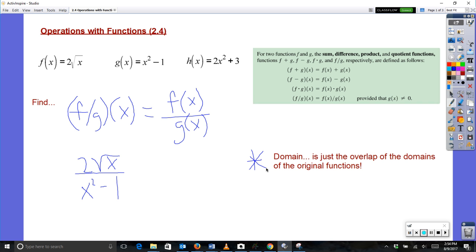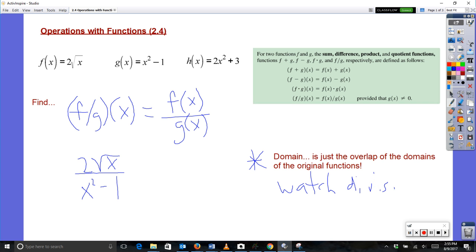So if we talk about domain, remember that's the acceptable x values that you can plug into a function. When you create that new function, the domain is just the overlap of the other two domains. Or however many functions you might be incorporating. Now one note though is watch division by 0, right?